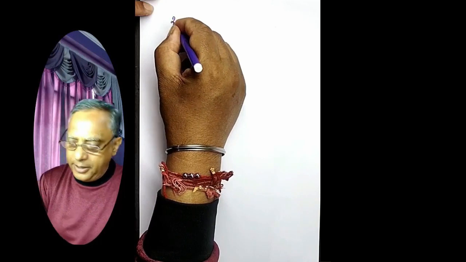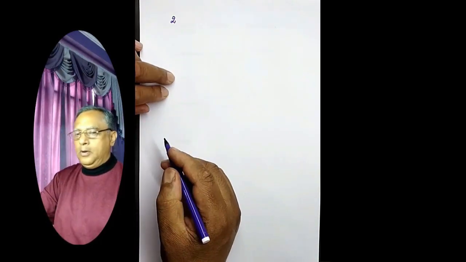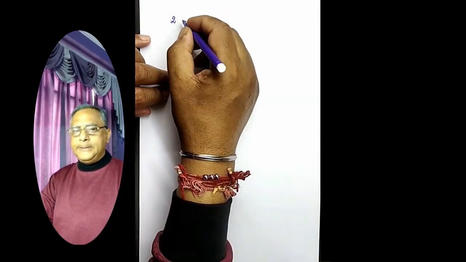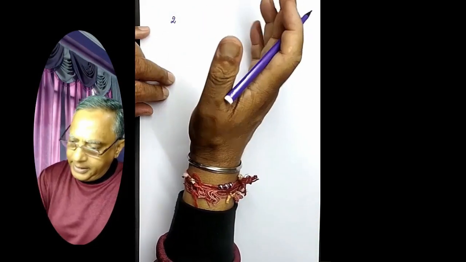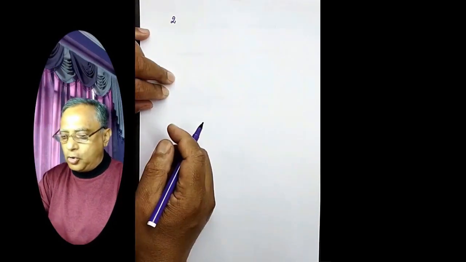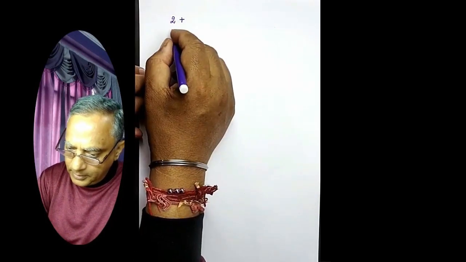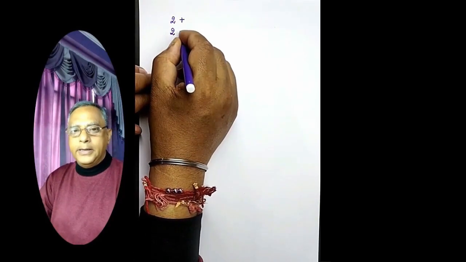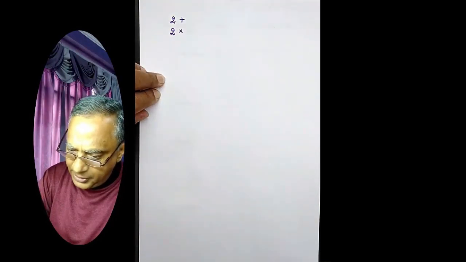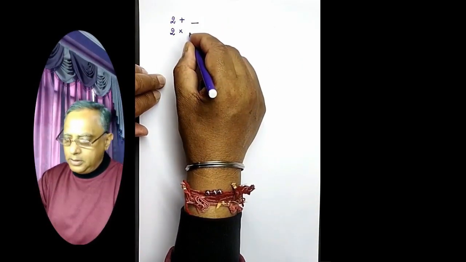Let us consider a real number, say 2. Now, what is identity? Additive identity or multiplicative identity. Identity also depends upon the operation. If it is addition, identity will be different. If it is multiplication, identity will be different.